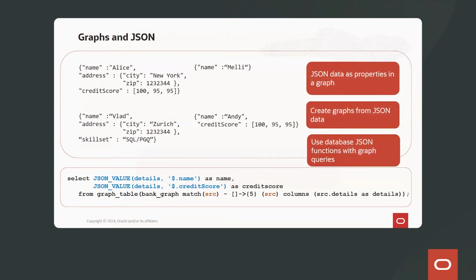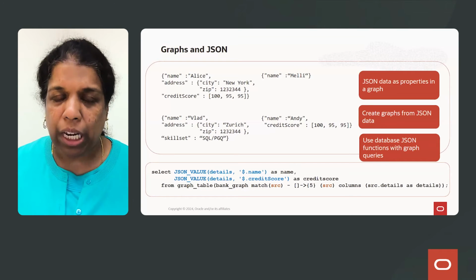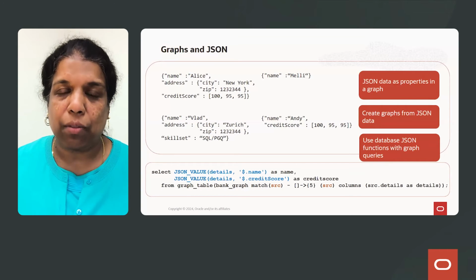And here's an example of how that could work with JSON. You might have, as one of your columns, a JSON type. So the entire JSON data object can become one of the properties in your graph, let's say one of the properties of your bank account. And then when you want to query this graph, you can use a JSON function that's available with the database.